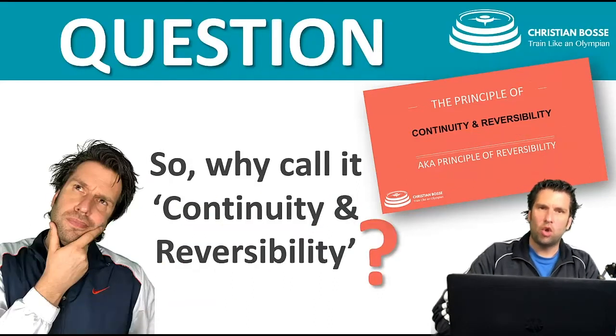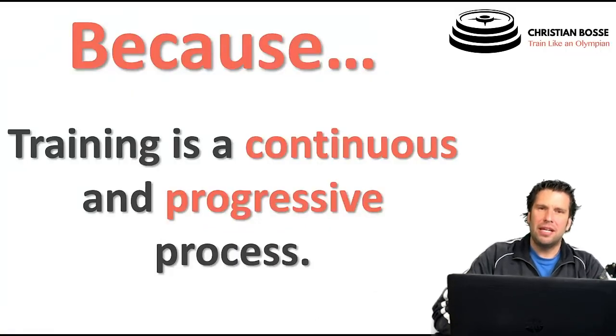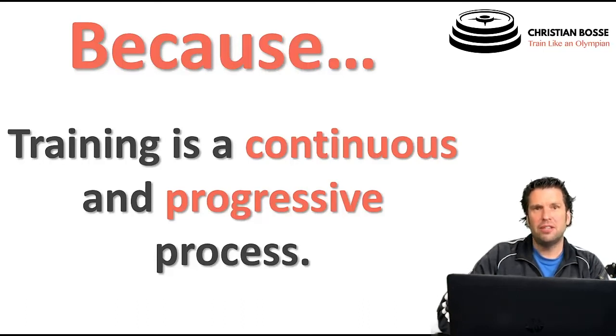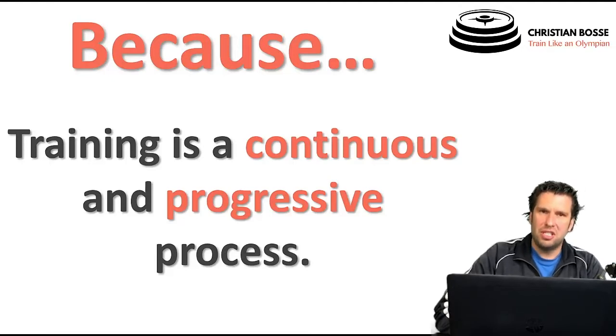So why call it continuity and reversibility? I outlined that previously when I talked about the principle also known as the principle of variation, where I much rather like to say the principle of a varied stimulus, because it puts the stimulus in the center and not the variation. And the same is true here. If we only talk about reversibility, the focus is reversibility.